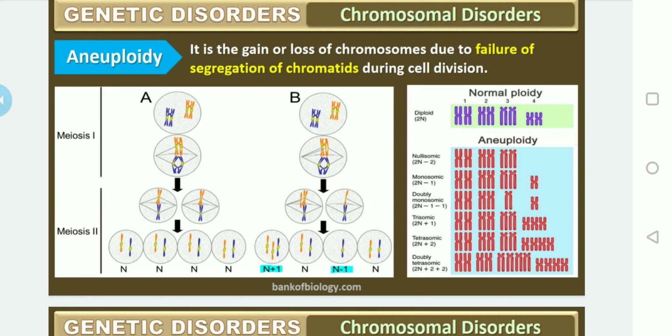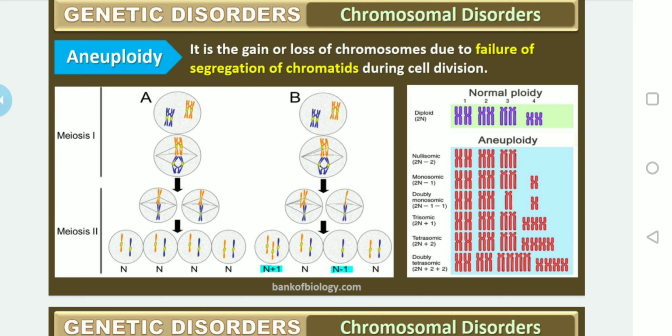Then trisomy: 2n plus 1, that is 46 plus 1, it becomes 47. That is also abnormal. Then tetrasomy: 2n plus 2, that is 46 plus 2, it becomes 48 chromosomes.